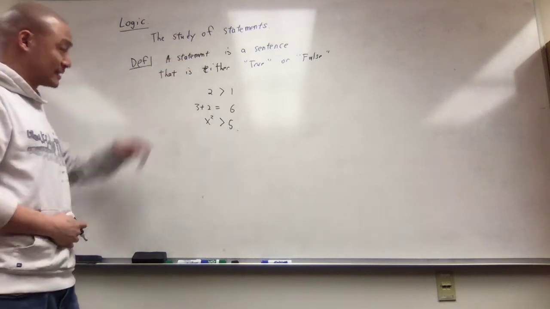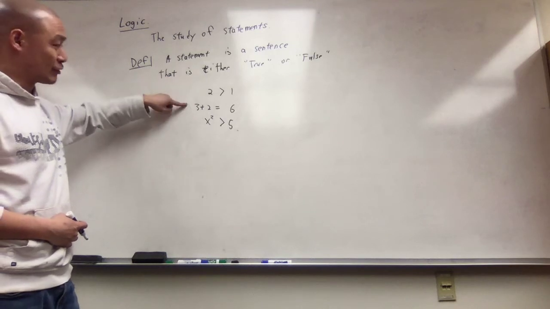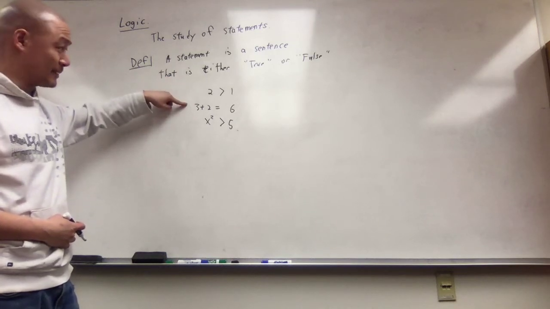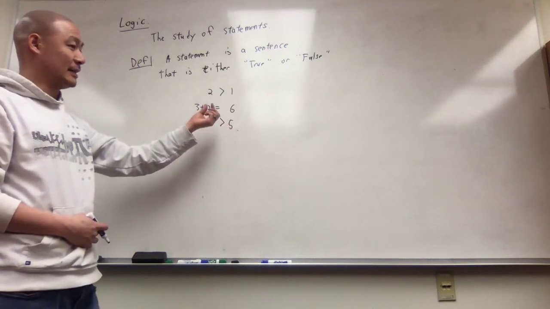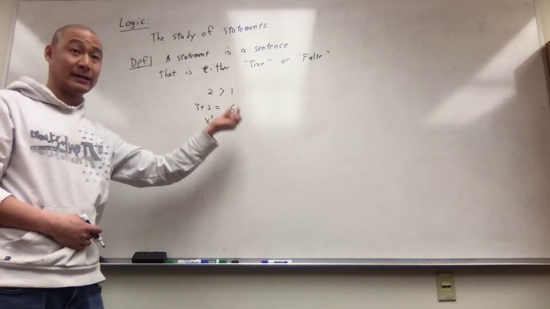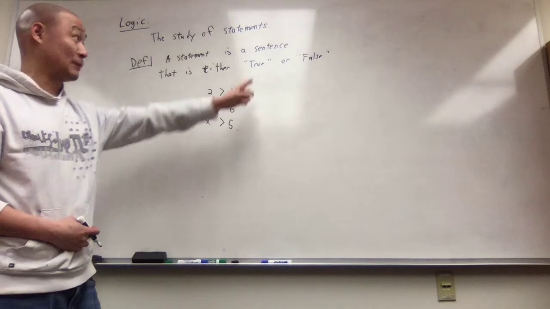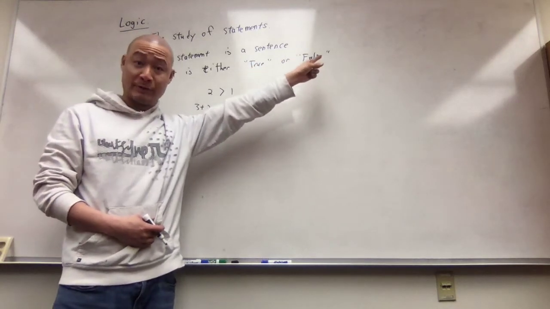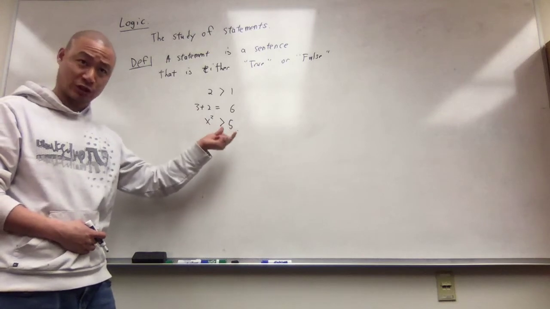So 2 greater than 1, for example, is a true statement. 3 plus 2 equals 6 is a false statement. And x squared is greater than 5 is a statement that's either true or false depending on what x is. But the point is that for any value x, it would either be true or it would be false, it couldn't possibly be both or neither in any given circumstance.